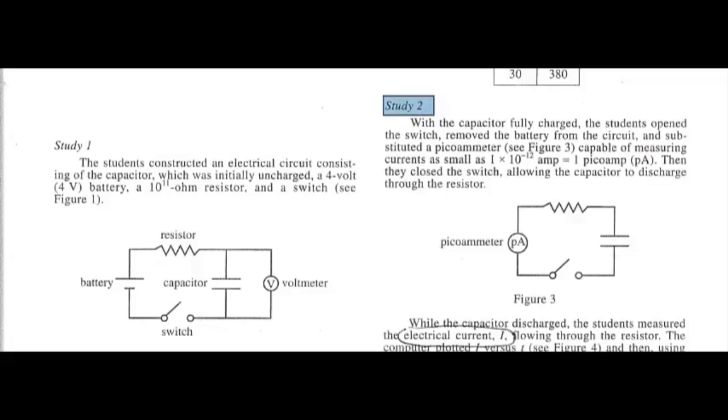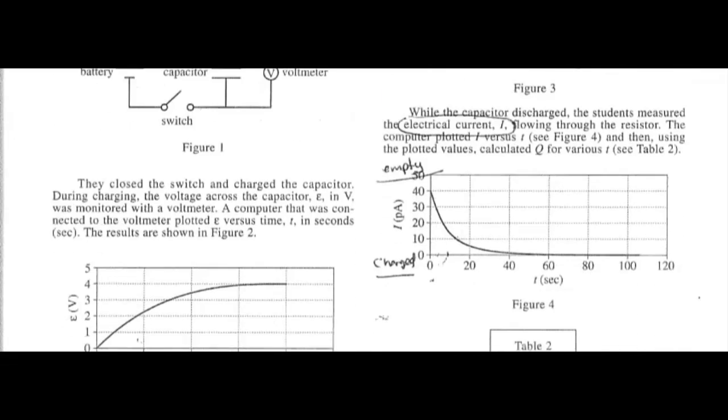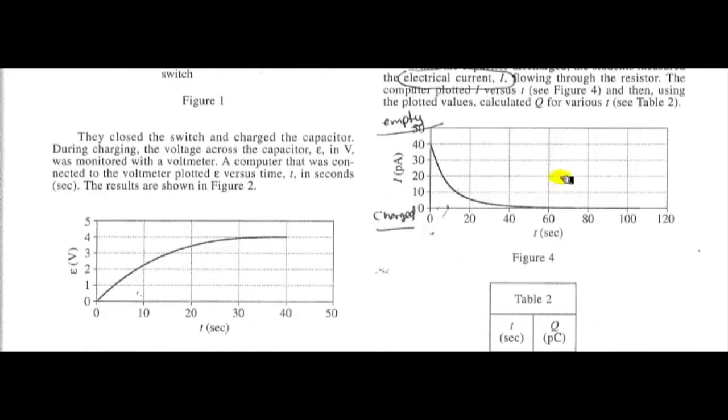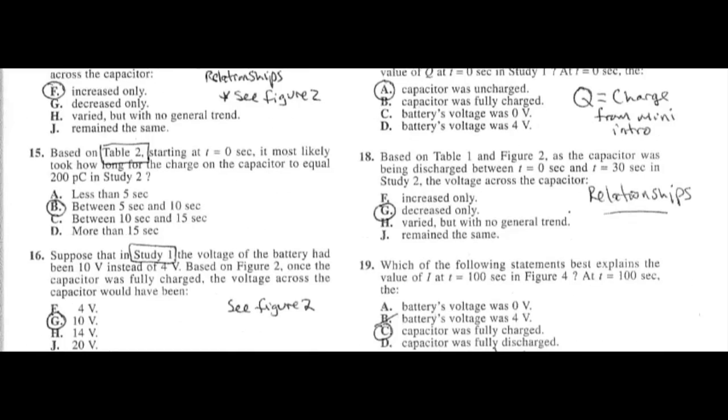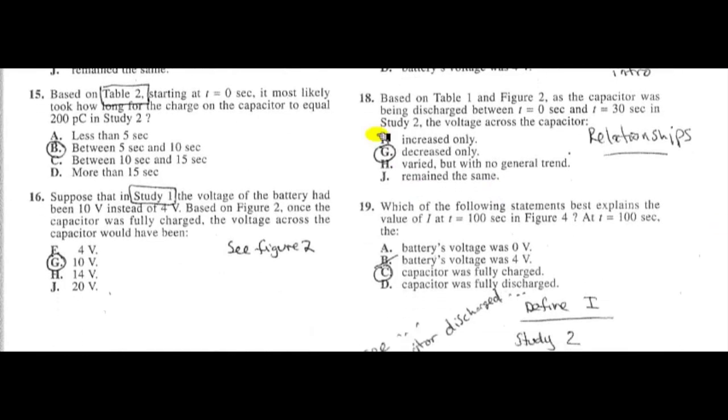We've got Figure 3, which is a diagram. It's not very helpful. But Figure 4 shows us that as we go from 0 to 30, right here, it looks like it's a negative relationship. It's being discharged or emptied. We're going from 40 down to 0. So that would tell us this is a negative relationship. The only answer that's going to work on that one is going to be decreasing.